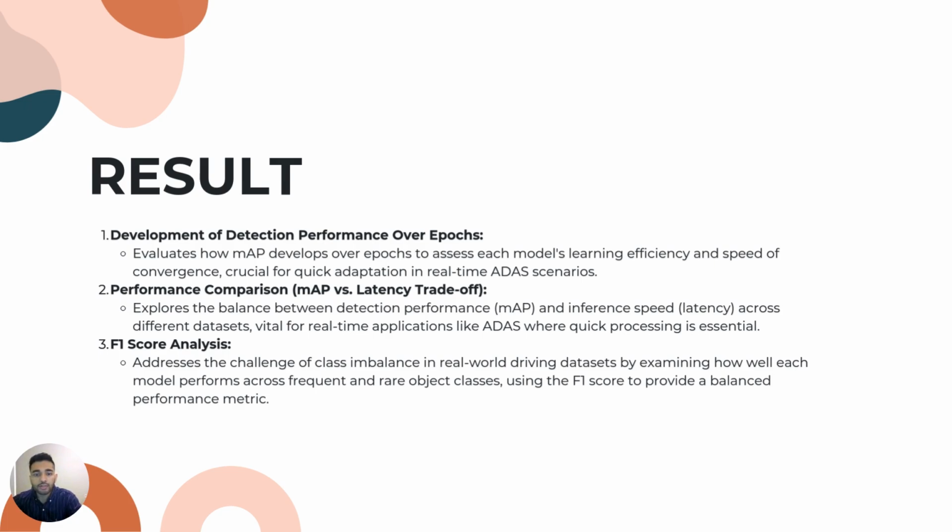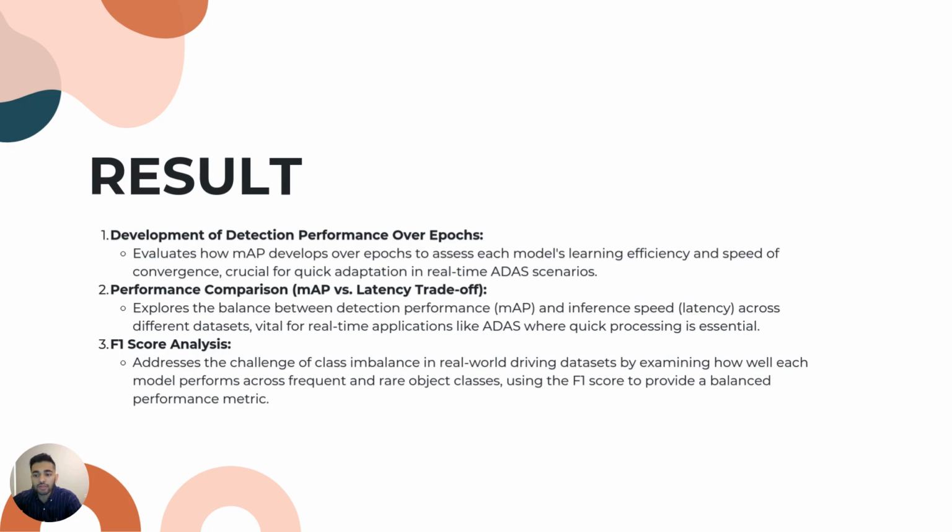Okay, coming to the results now. I've divided the results into three parts. The first one would be detection performance over epochs. This evaluates how quickly each model learns and converges to a higher mAP, which is crucial for efficient real-time deployment. The next thing we focused on was the mAP versus latency trade-off.